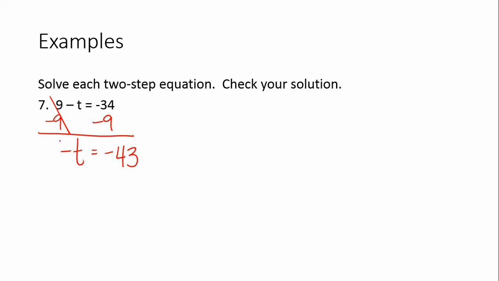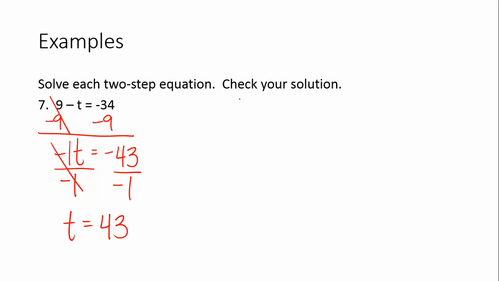And remember that a negative in front of a variable is really the same thing as having a negative 1. So if we divide both sides by negative 1, we get t equals 43. Notice all that did was really just change the sign, but you can't leave a negative in front of the variable when you're solving an equation.